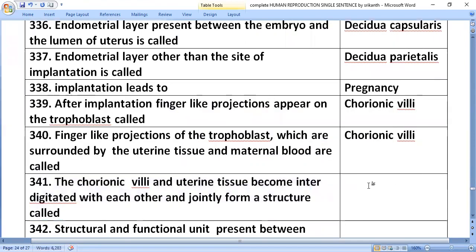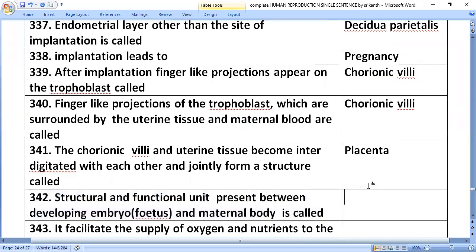The chorionic villi and uterine tissue become interdigitated with each other and jointly form a structure called the placenta. The structural and functional unit between the developing embryo, fetus, and maternal body is called the placenta.